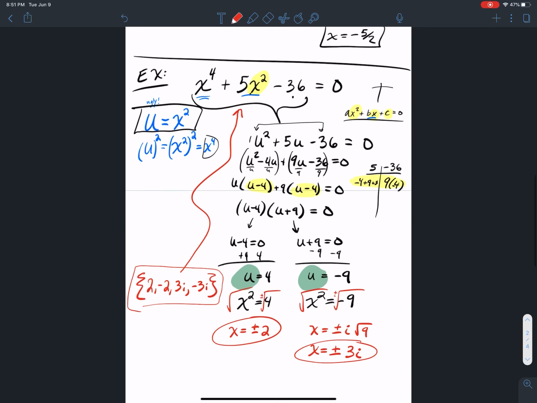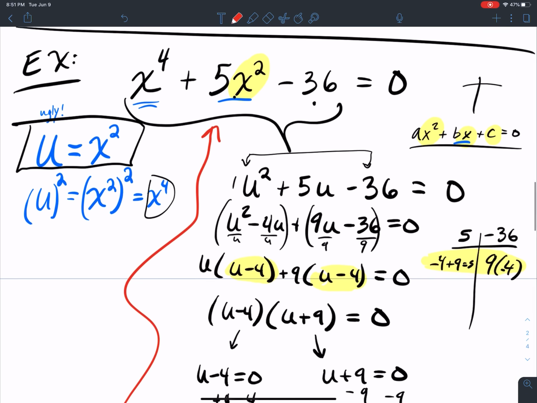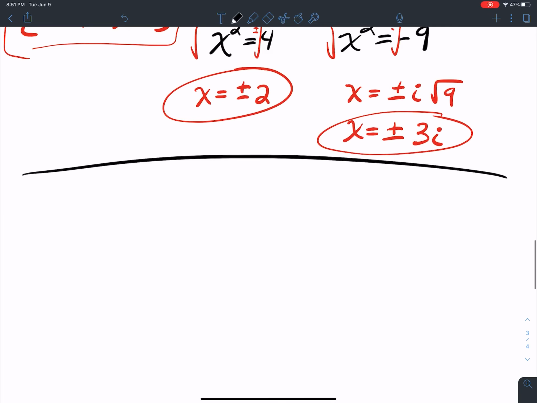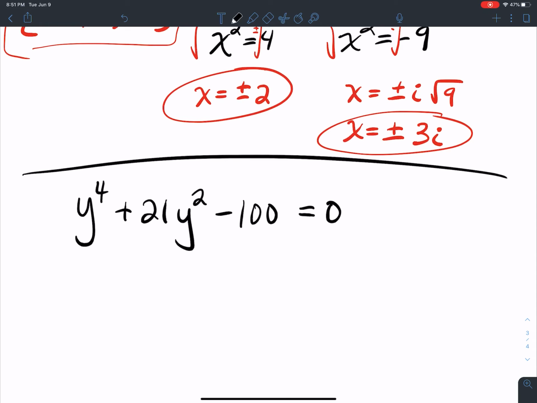So it's a new trick. That's a new trick, doing a u substitution, okay? A u substitution right there. Let's do one more with a u substitution just because it's new and, you know, helps to see multiple examples. So y to the fourth plus 21y squared minus 100 equals 0, okay?